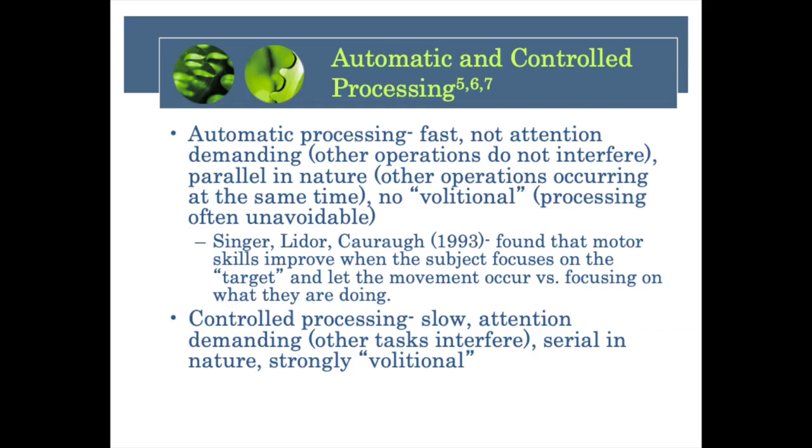Controlled processing is slow. It takes a lot of our attention, so it's demanding. We can end up with interference. It's more serial in nature, and it's very strongly volitional. So potentially some of those things that start out as controlled processing, as we practice and we learn better, become more automatic. So I gave you the example a couple slides ago about learning how to drive a manual transmission.